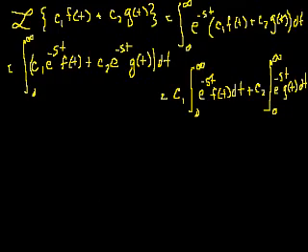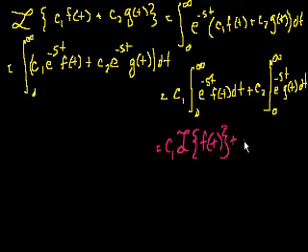And this was just a very long-winded way of saying, well, what is this? This is the Laplace transform of f of t. This is the Laplace transform of g of t. So this is equal to c1 times the Laplace transform of f of t plus c2 times the Laplace transform of g of t.